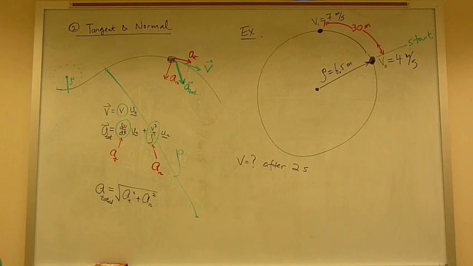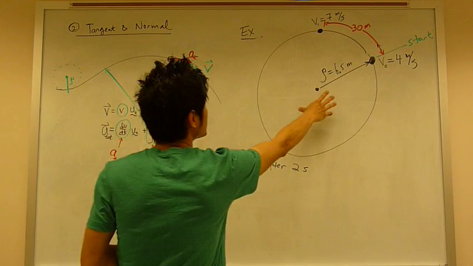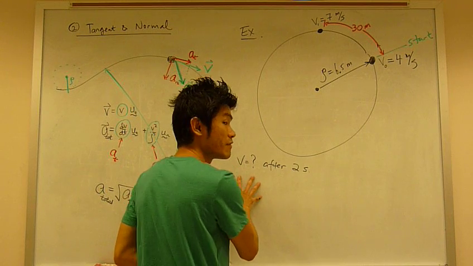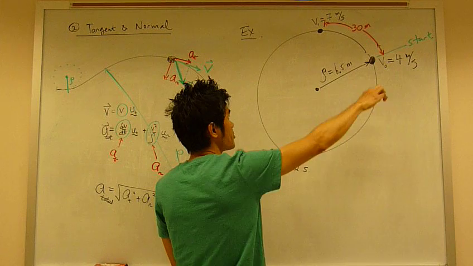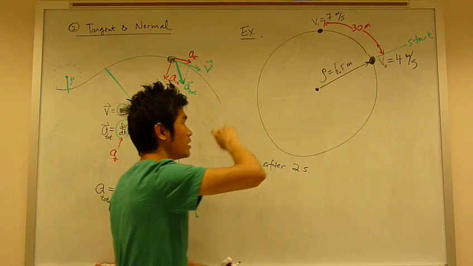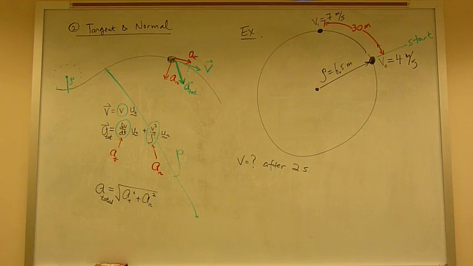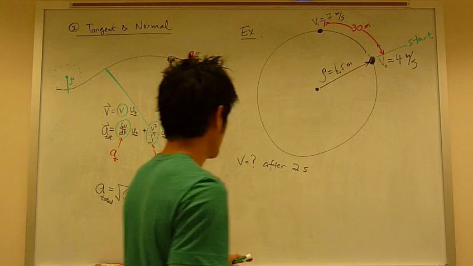Because knowing acceleration and knowing the rest of the quantities, you should be able to find V at any instant in time along this path, as long as the acceleration is known. So let's first find the acceleration.